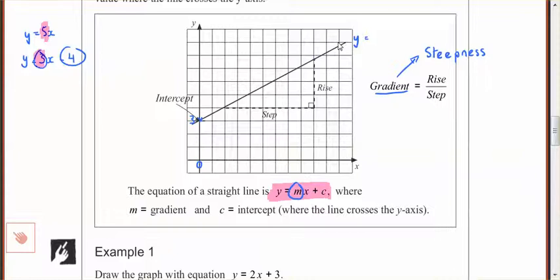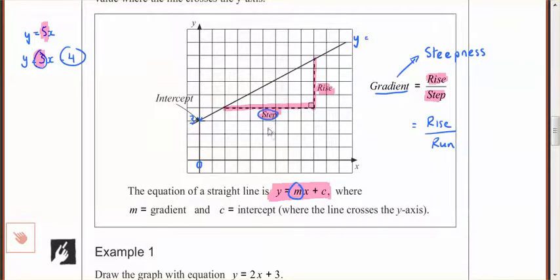But I think what they've done is say that to work out the gradient, we've got to do the rise divided by the step. They call it step, but you might see it in other terms. Gradient is also rise divided by run, rise over run, as people remember.